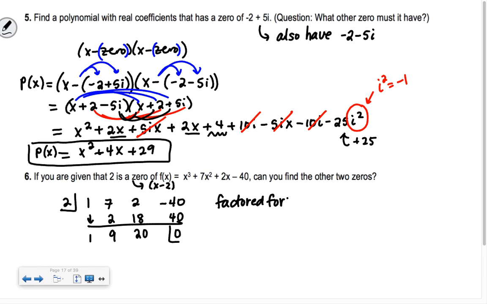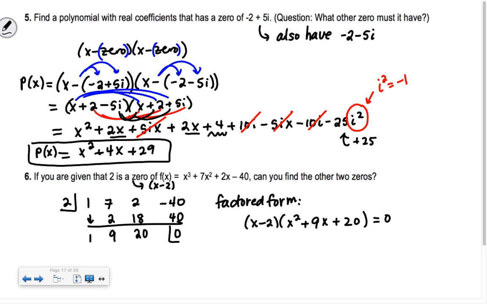So then its factored form was x minus 2 times this quotient, 1, 9, 20. So 1, 9, 20, what do I write? Plus 9x plus 20, right? x squared plus 9x plus 20. And we're trying to find the zeros.